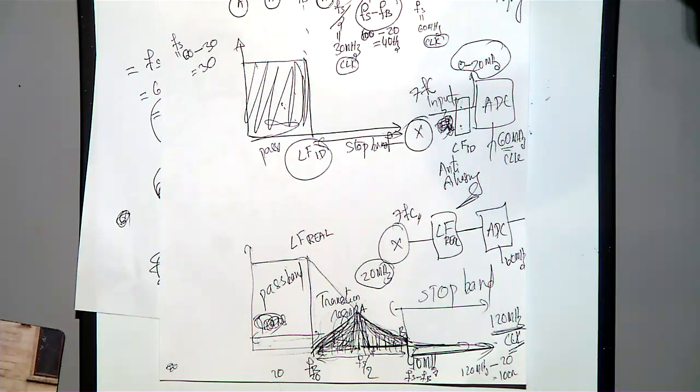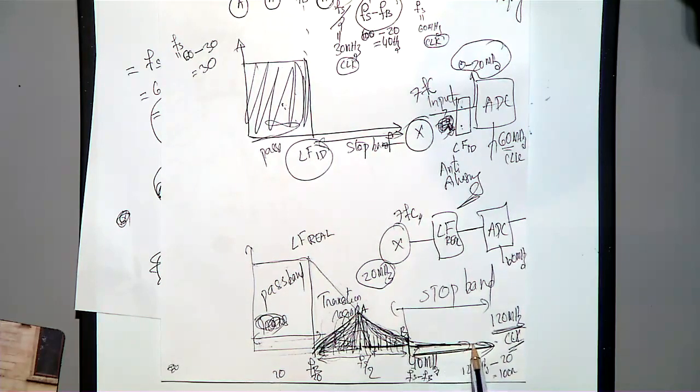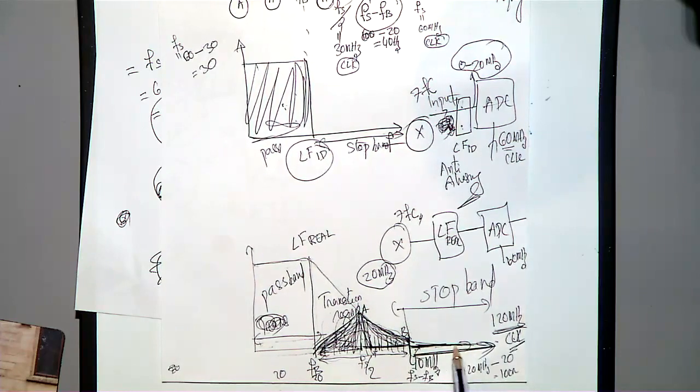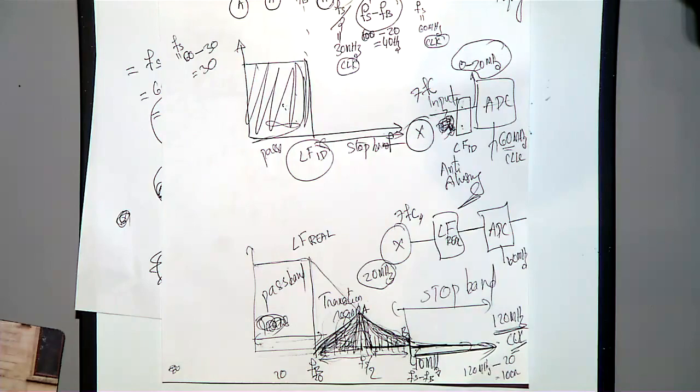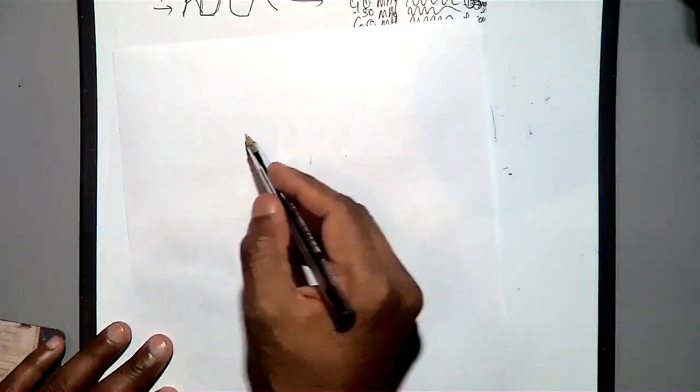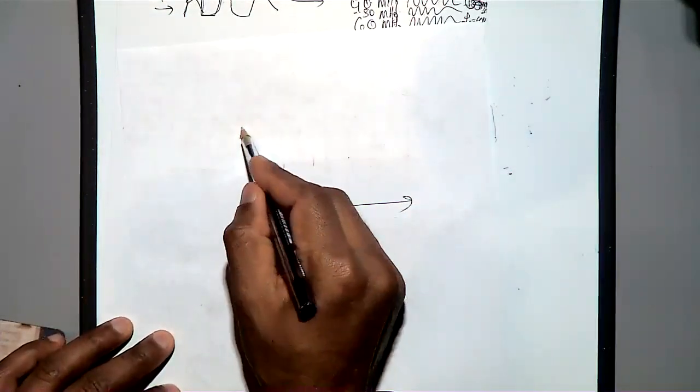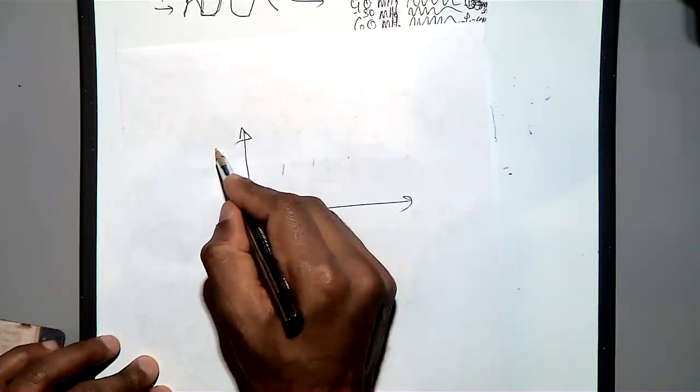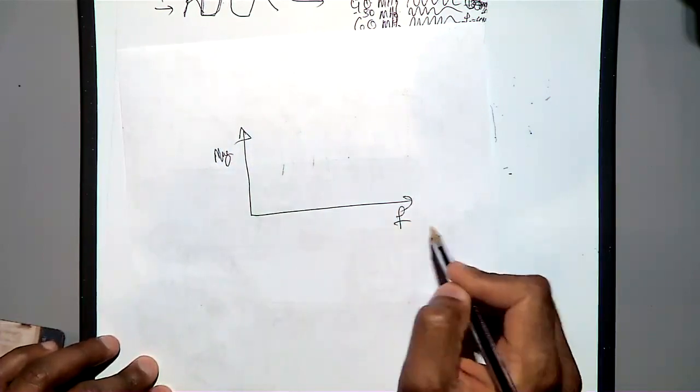You should not be going the other way around, because here we assume that we are completely stopping it. Actually we can't completely stop the band. You will be putting a very high attenuation and you are not completely eliminating it. For example, this is your magnitude and this is the frequency.